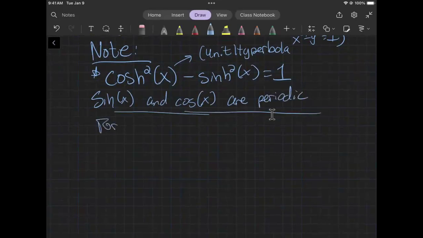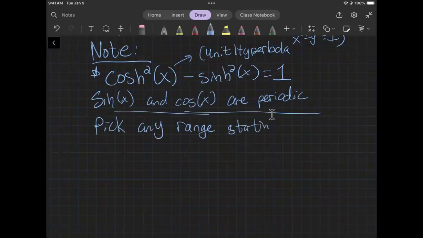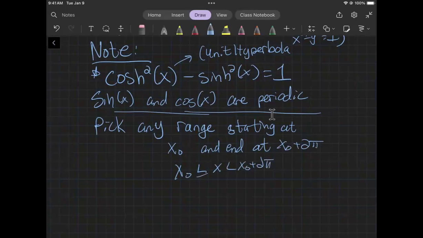So we can pick any range starting at, let's say, x naught and ending at x naught plus 2 pi radians, so this length is 2 pi.